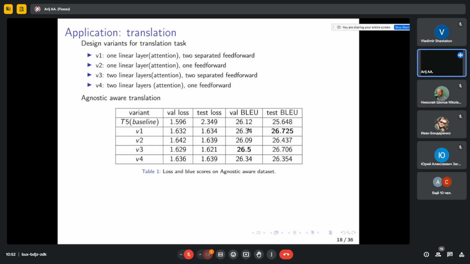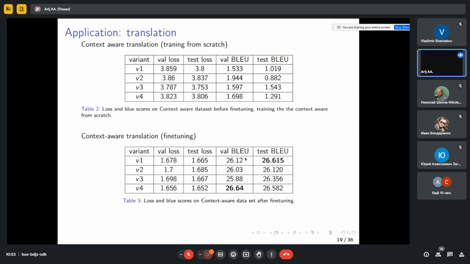As we can see, concerning the BLEU value, all the versions of the proposed model overcome the baseline T5 for context-agnostic translation, especially version 3 and version 1.